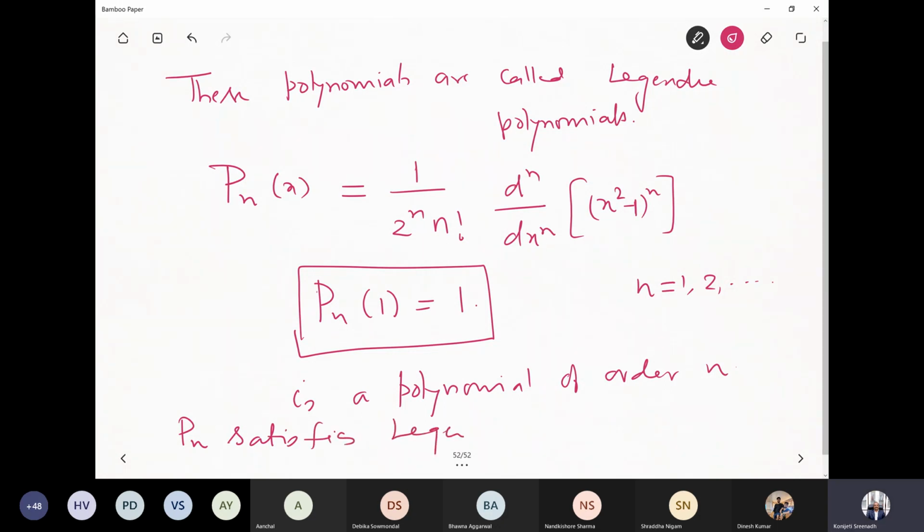Because now you know all the polynomial solutions of the Legendre equation, this has to be the solution. Checking this is also not difficult. You can differentiate this twice, Pn double prime, and then use some trivial simplifications to show that it actually satisfies the equation.